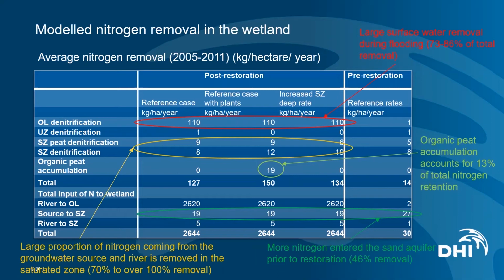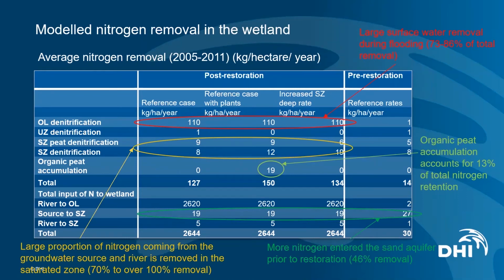And then we have different components of what's happening in the system. The first thing to notice is that if we compare the red text, we have pre-restoration very low denitrification rates. And then thanks to the overland flow occurring on the wetland, we have a quite significant reduction in the nitrate.